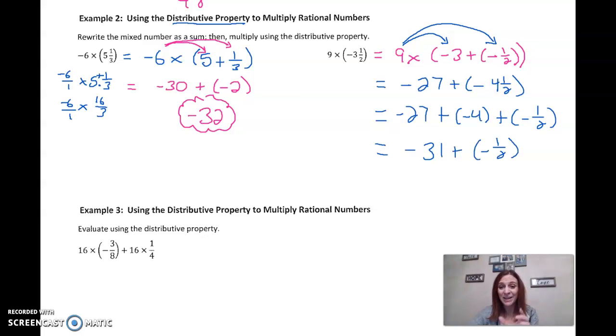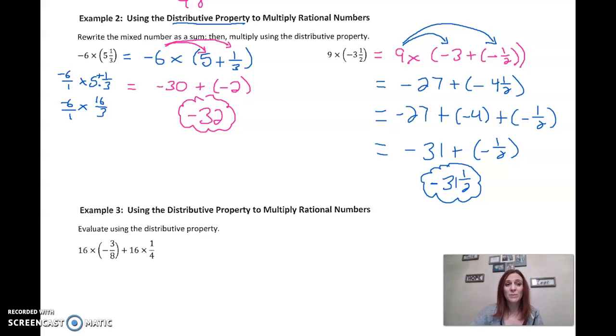And again, since they're both negative, let's just put them back together. -31.5. Again, think of picture number lines if need be. If you're going down to -31, you're going down another half, you're at a -31.5. Again, we could do it by making them into improper fractions and all that fun stuff, but I think this is a little bit easier.